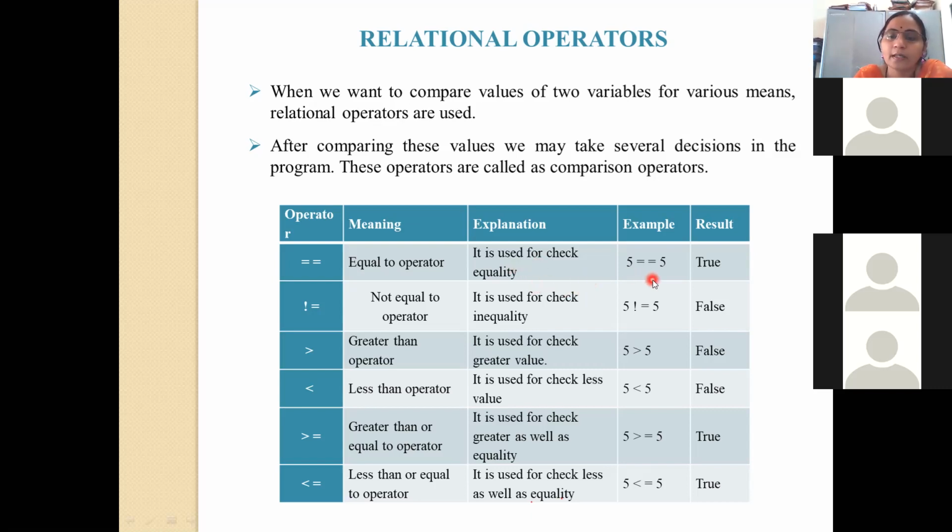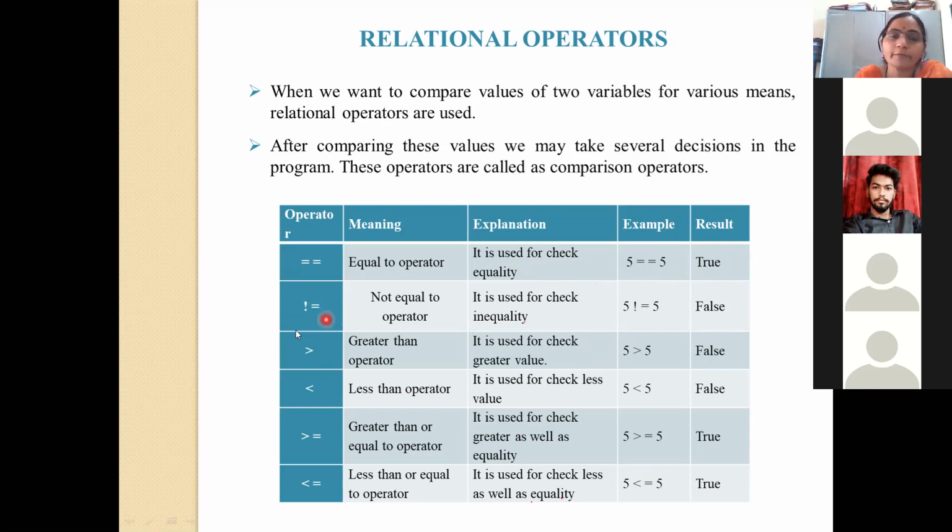And I have taken one example here. 5 is equal to 5. Is it correct? Yes or no? Okay, it is correct. And that's why the result returned by this expression is true. See the second example, not equal to.